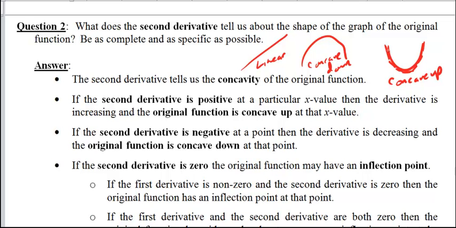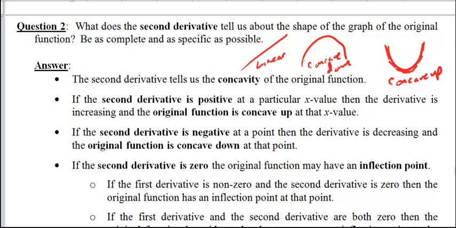So these might be -3, -2, -1, 0, 1, 2, 3 for the slopes, for example. And notice that's increasing slopes. Increasing slopes means increasing derivative, and increasing derivative means a positive second derivative. So if the second derivative is positive, then the derivative is increasing and the original function is concave up.